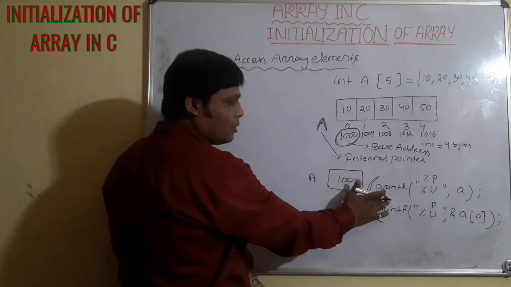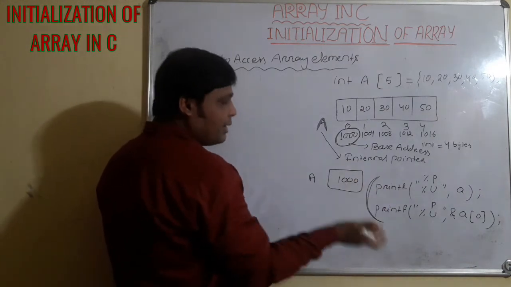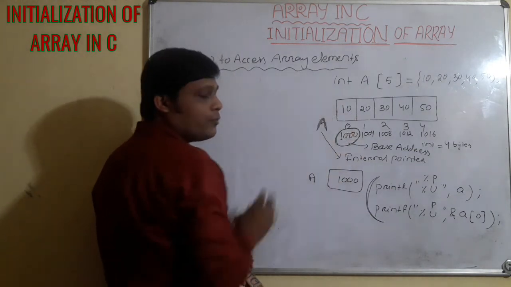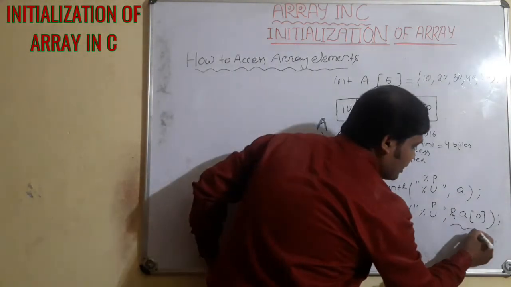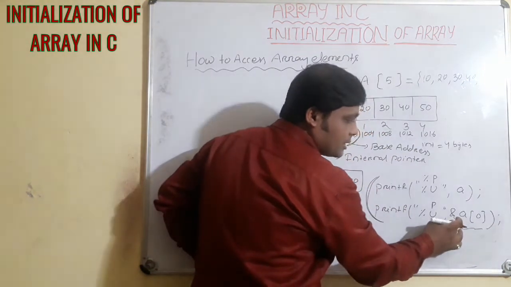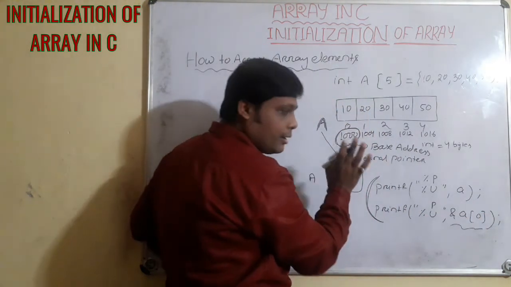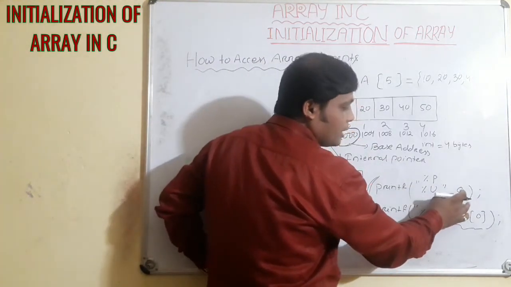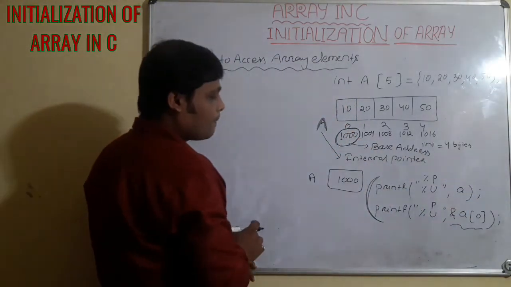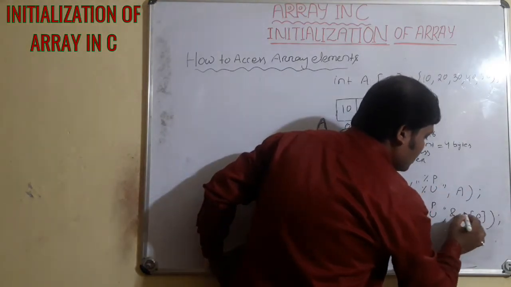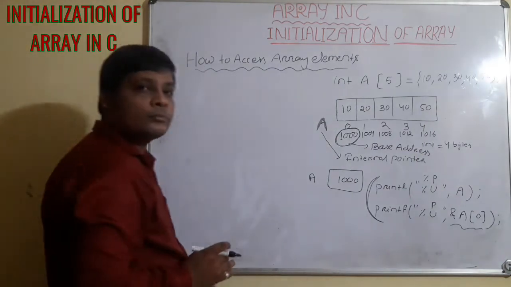If they print the same value, then you can confirm that this array keeps the address of the first location. Because here I have printed ampersand A of 0, that means the address of the first location. And here I have printed only A. This will be capital A because I have taken the array name as capital A.